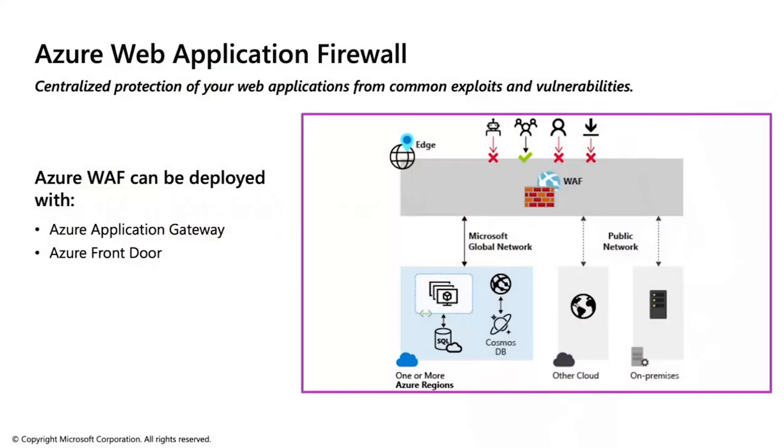But this is only for the regional component, because here we have Azure Application Gateway and we are enabling it there. But what if I want to enable this application firewall at global scale? Suppose I have my application instances.